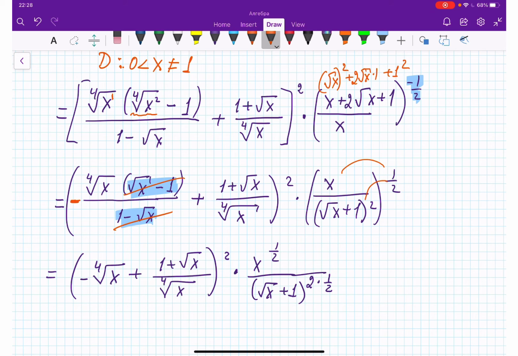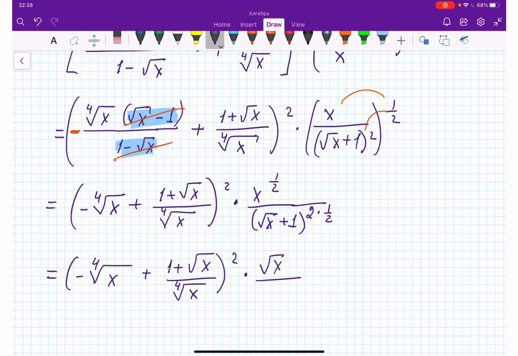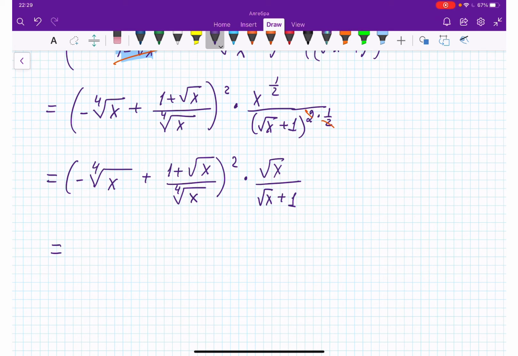Okay. So we are getting negative radical degree 4 of x plus 1 plus square root of x over radical degree 4 of x, and this is squared, and times this x to power 1/2, it's going to be square root of x, and here 2 times 1/2, this will cancel, and we are getting square root of x plus 1. Okay? All right, let's keep going.